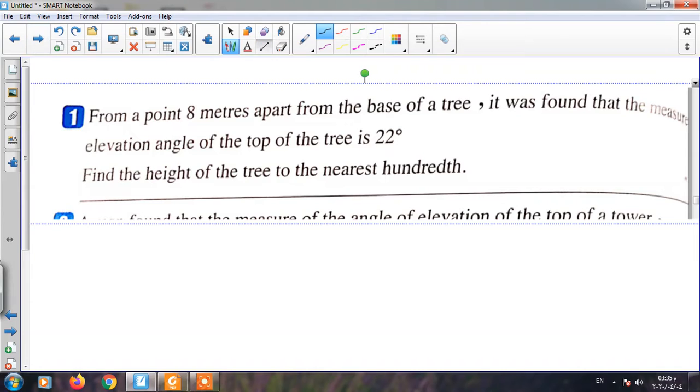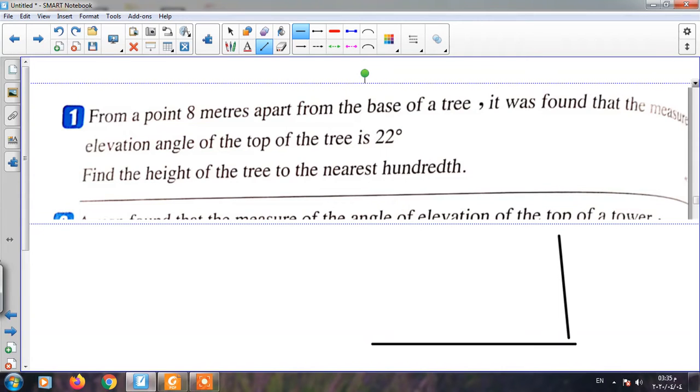So, firstly, we have a tree. And you know that the tree is perpendicular to the floor, and this must be your floor. And you have a point here, and the point is 8 meters from the base of the tree. He said find the measure of elevation angle.